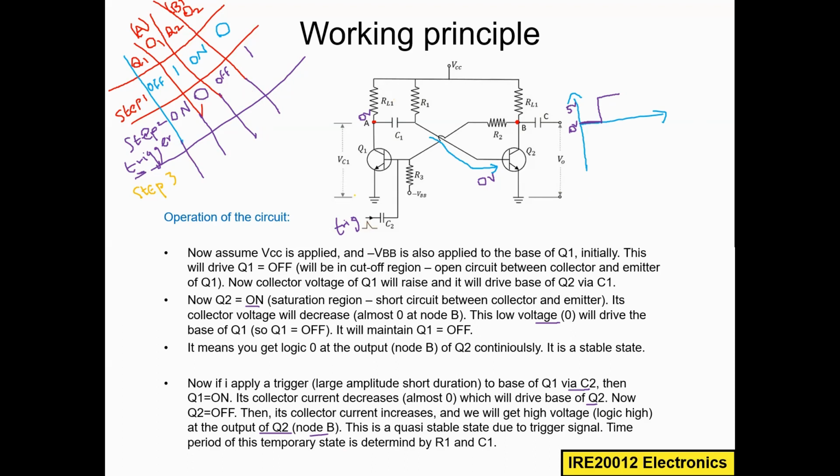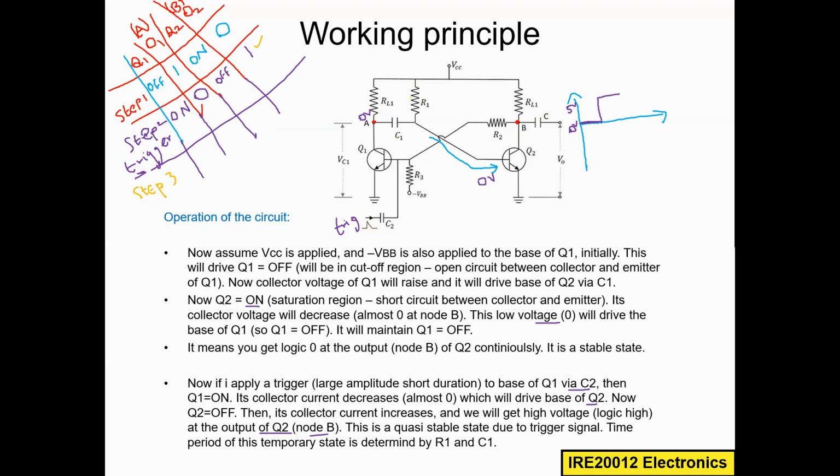Let us see here. In the meantime, remember at node A we have 0 and at node B we have logic 1. At the same time, VCC is charging C1. As long as C1 is charging, this will maintain the state.